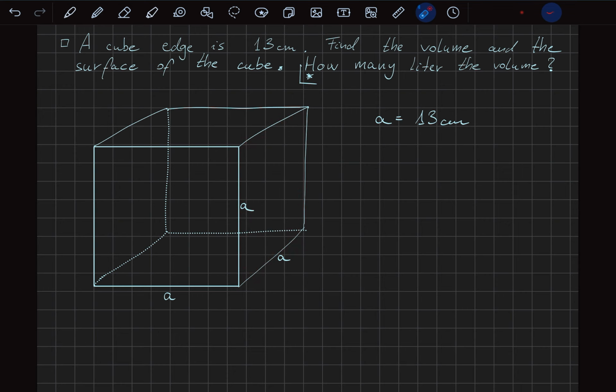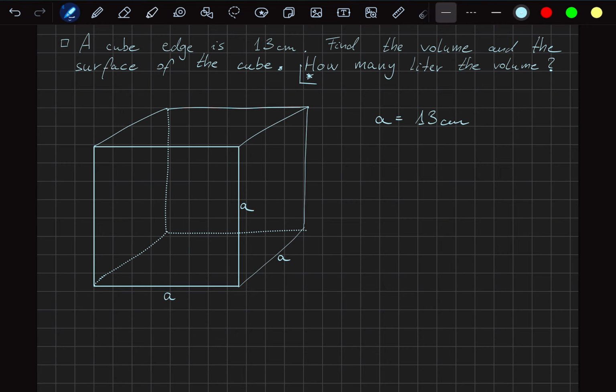Area of the square is a times a, so a to the power 2, and the surface is then 6 times a squared. And we know if we have a cube and we want to calculate the volume, we need to multiply the edges that are going from one vertex.